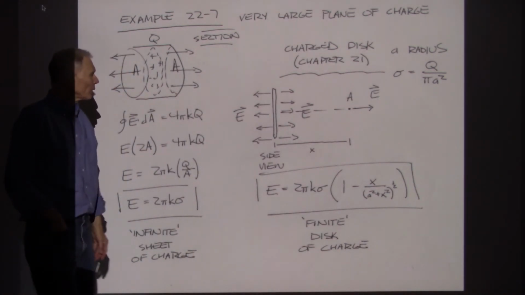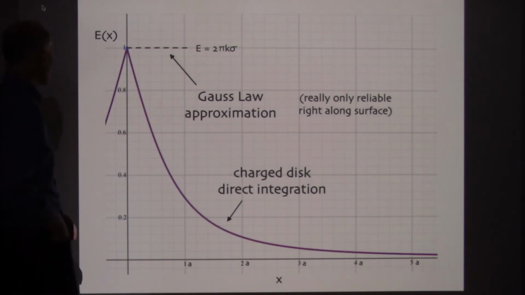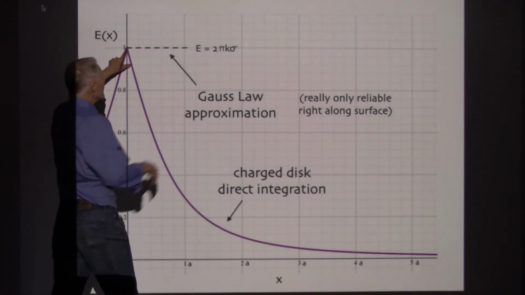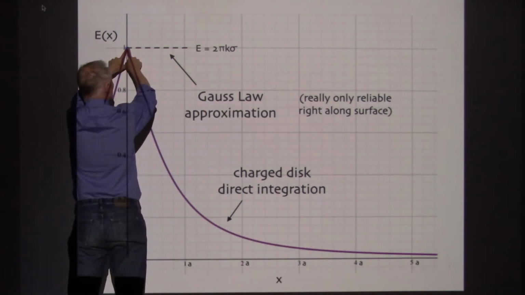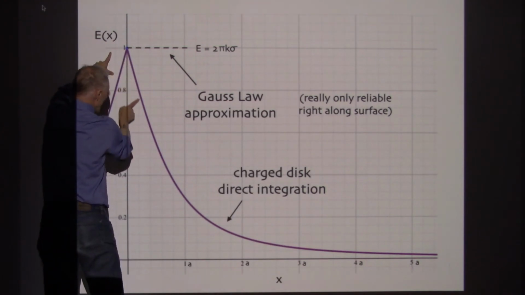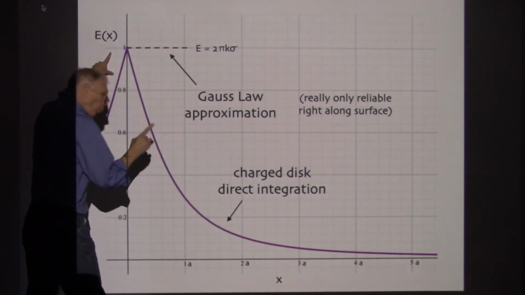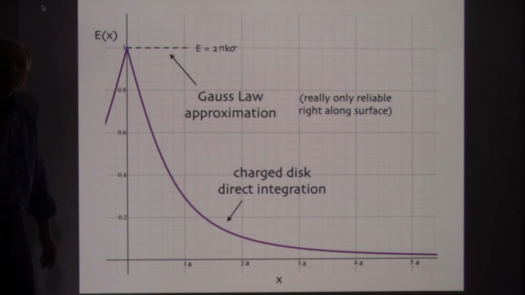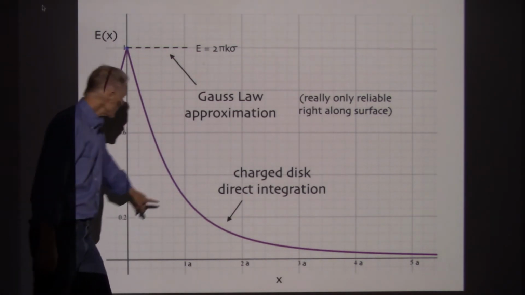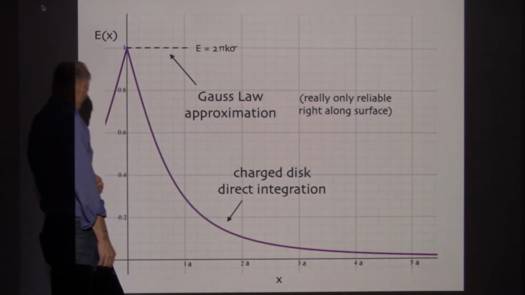When we looked at that formula, what we found was that right at the surface, the electric field was 2 pi k sigma, but then it dropped off very rapidly. In fact, by the time we were at a distance of just 1a, it had dropped down to under 30% of its surface value.